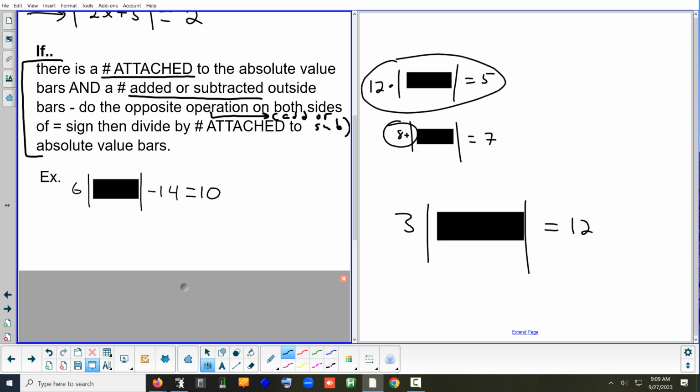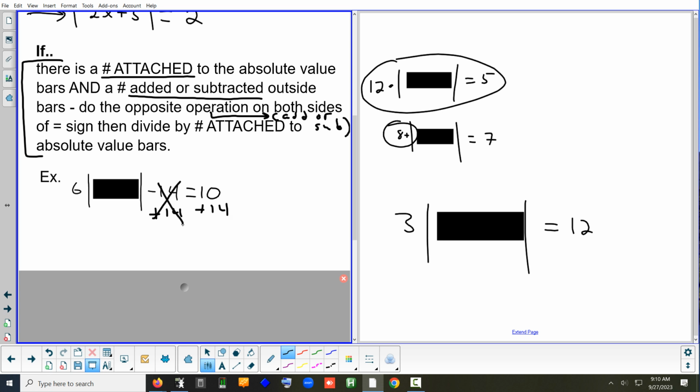Sam? I'm sorry, I had 14 on both sides of the equal sign. Yep, we're going to start by adding 14 on both sides. So we're doing the opposite operation. We had subtraction, we're doing addition on both sides. And what happens when you do negative 14 plus 14? That cancels out.